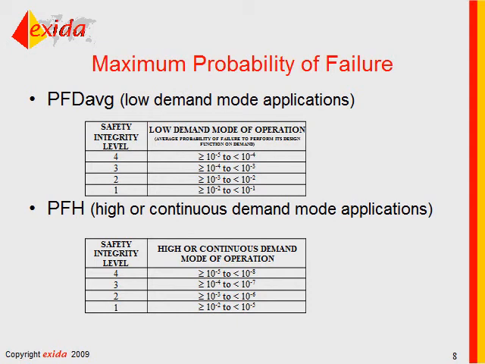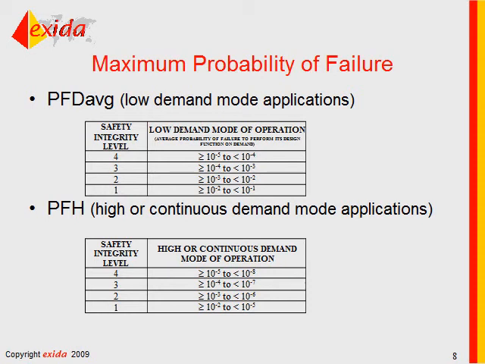If I want to claim a SIL 2 safety instrumented function, it needs to be less than 10 to the minus 2, or less than 0.01. SIL 3 less than 0.001, SIL 4 less than 0.0001. These are order of magnitude levels that represent the amount of risk reduction a safety instrumented function provides.